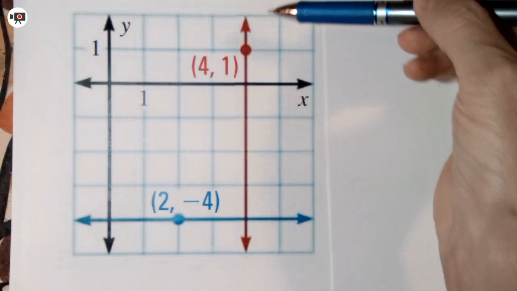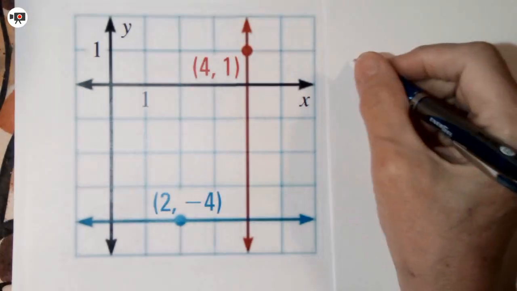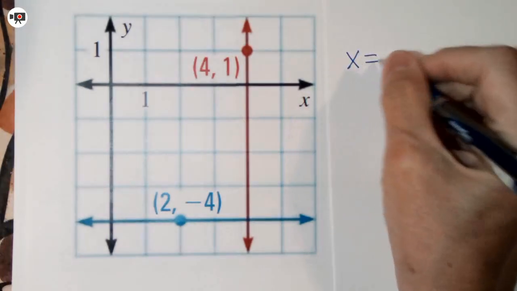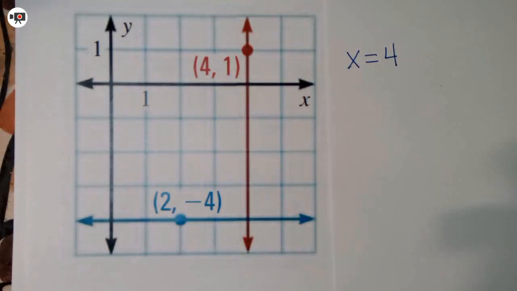The one thing that we can say about this line is that x equals 4. That's the equation for it. And as when we talked about slope, we can't really find the slope of this line. It's undefined, or it's infinite, or there's no slope.